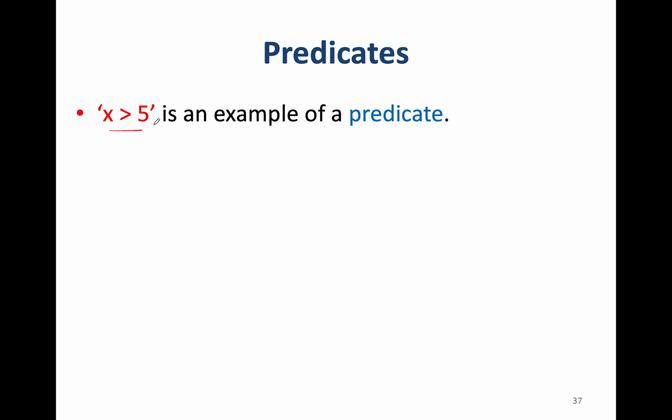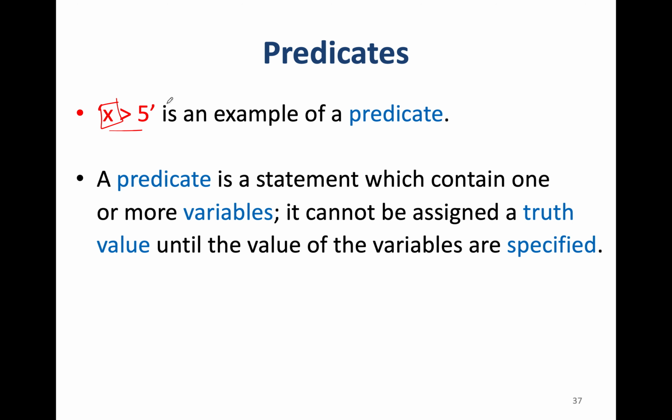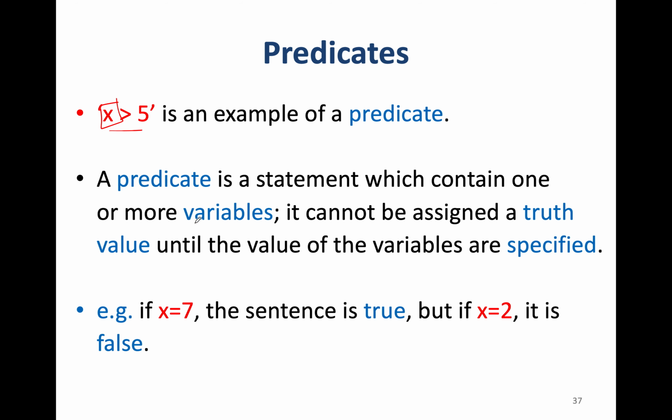However, the truth value depends on the value of my variable here. A predicate is a statement which contains one or more variables. It cannot be assigned a truth value until the values of the variables are specified. For example, if we give X a value 7, then the statement will be true. But if we give it a value 2, then it will be false.